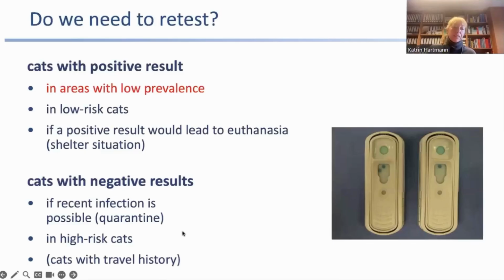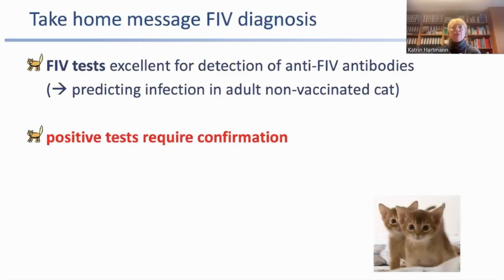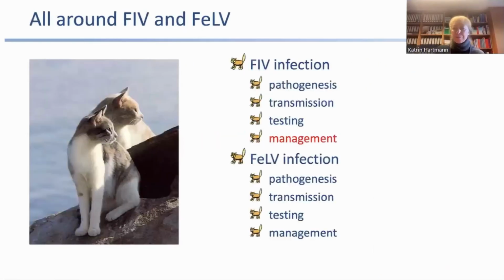Cats with negative test results, we believe. However, if there's recent infection, it may take 3 to 6 weeks until the test comes out positive. So if recent infection is possible, we would also recommend to retest after a quarantine of 6 weeks. So, take-home message: the test is excellent for detection of antibodies, but positives should be confirmed.